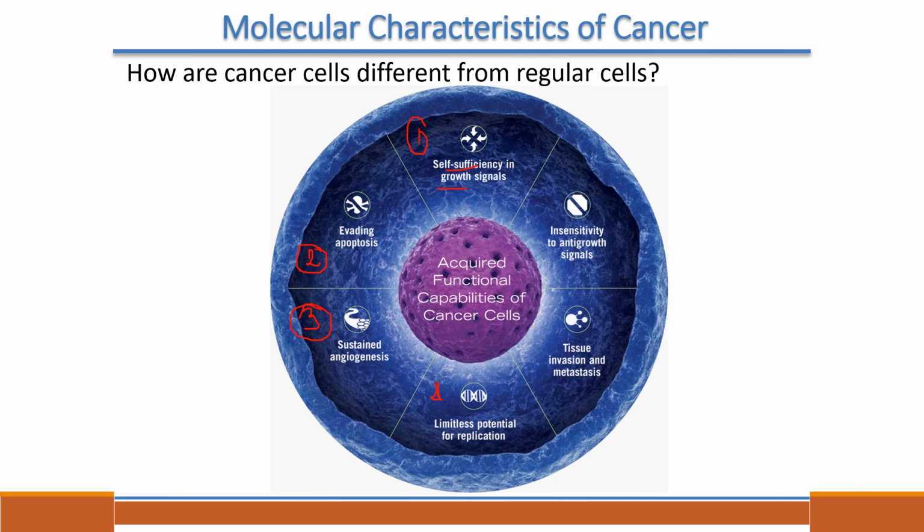Fourth thing that they do is, they start dividing and there is a lot of mitosis, and there is a limit for division. You know that telomeres start getting smaller and smaller. Now, what they do is they activate an enzyme that allows them to produce extra telomeres, so they are going to be able to keep replicating and replicating.